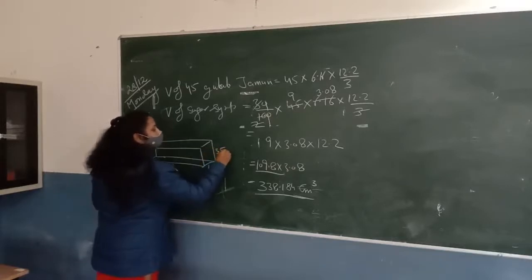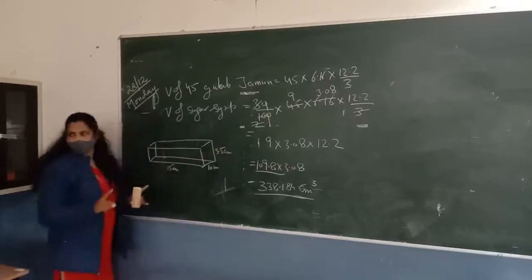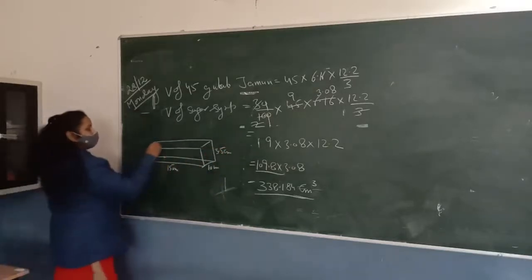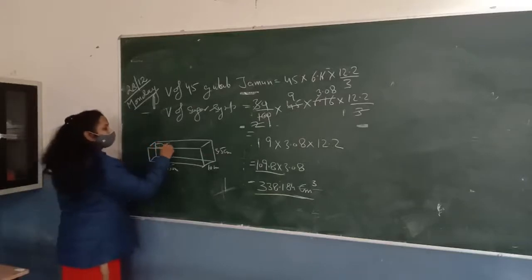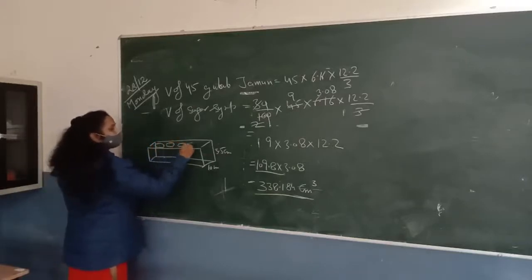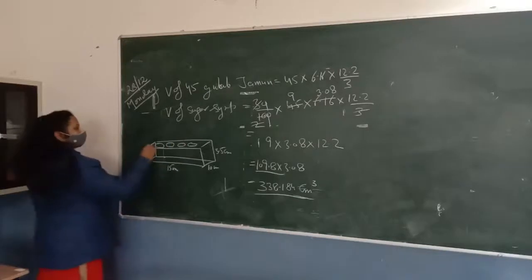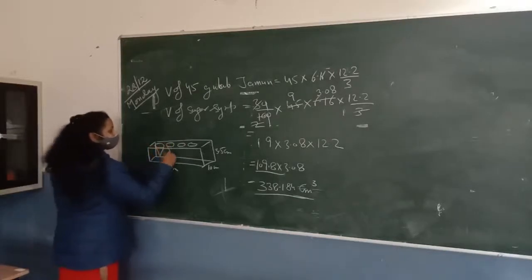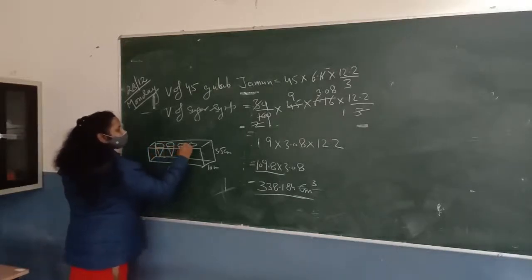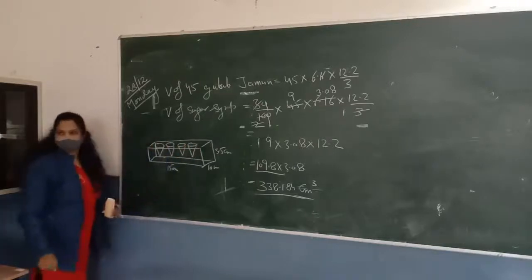So these are the measurements of this wooden portion, in which it has 4 conical cavities. So these are the conical cavities here. Okay, this is the pen stand.